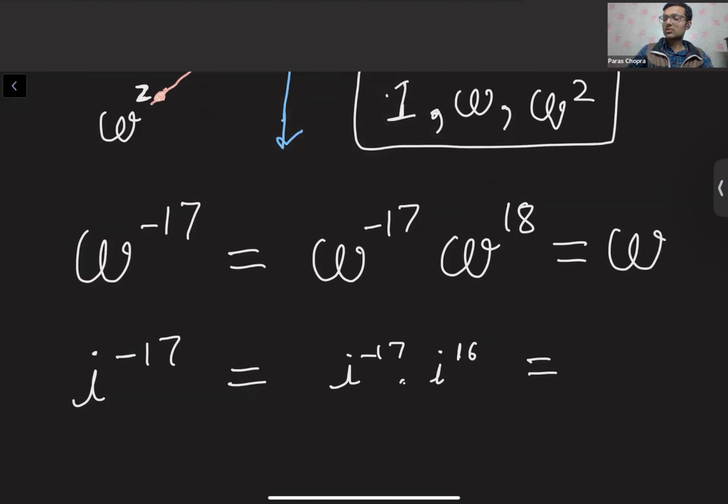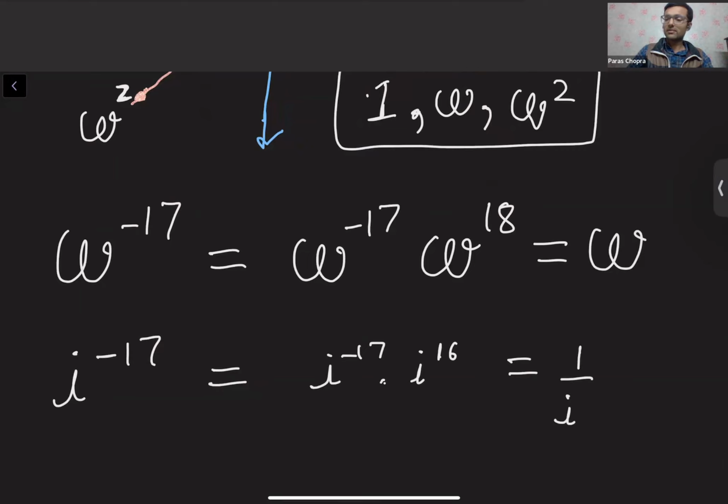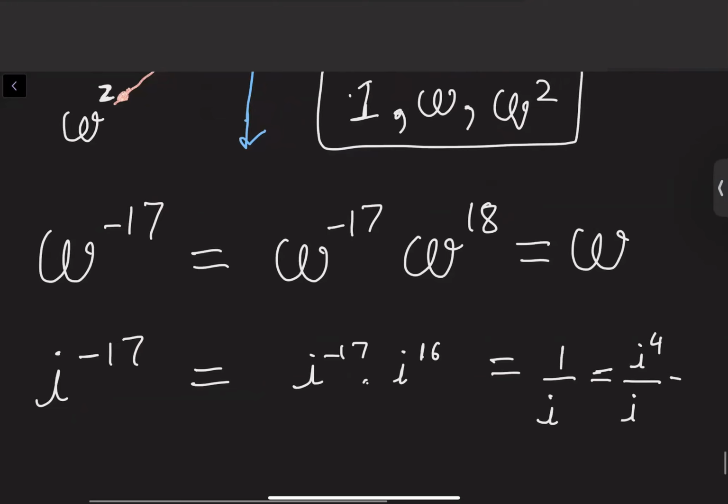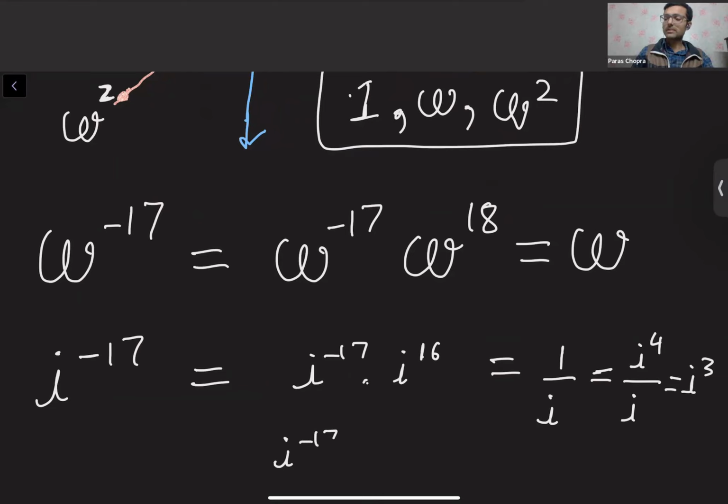16 से करें तो ये इक्वल हो जाता है 1 बाय आयोटा के, एंड 1 को आप लिख सकते हो आयोटा टू द पावर 4, राइट. सो ये आ जाता है आयोटा क्यूब के इक्वल. इससे भी आसान होता, आप पहले ही आयोटा टू द पावर 20 से मल्टीप्लाई कर देते, बिकॉज दैट इज ऑल्सो इक्वल टू 1.